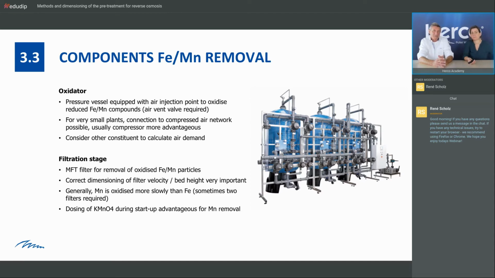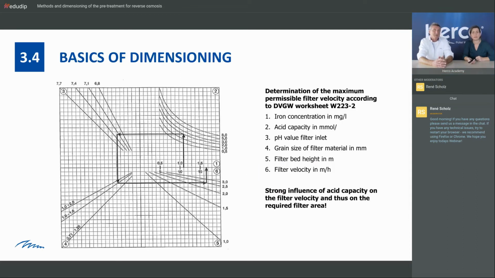So generally, manganese is oxidized more slowly than iron. It's the more complicated, more sophisticated process, which needs a really adjusted pH value. High pH is always good for demanganization. A dosing of calcium permanganate is advantageous, as we talked before.